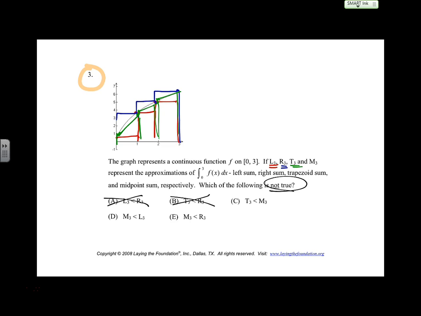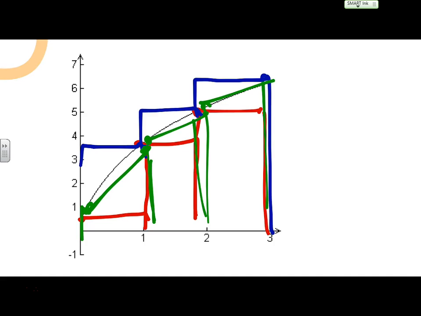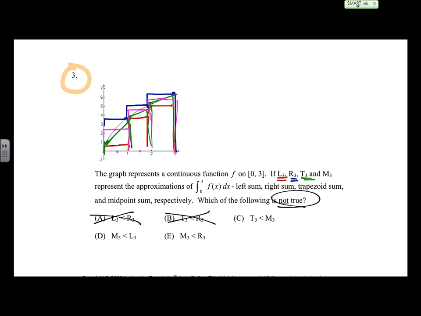Midpoint. This one's a little harder. Midpoint, you have to go ahead and find the middle between 0 and 1, go up and hit, and then extend. So the midpoint is definitely higher than the left, lower than the right.